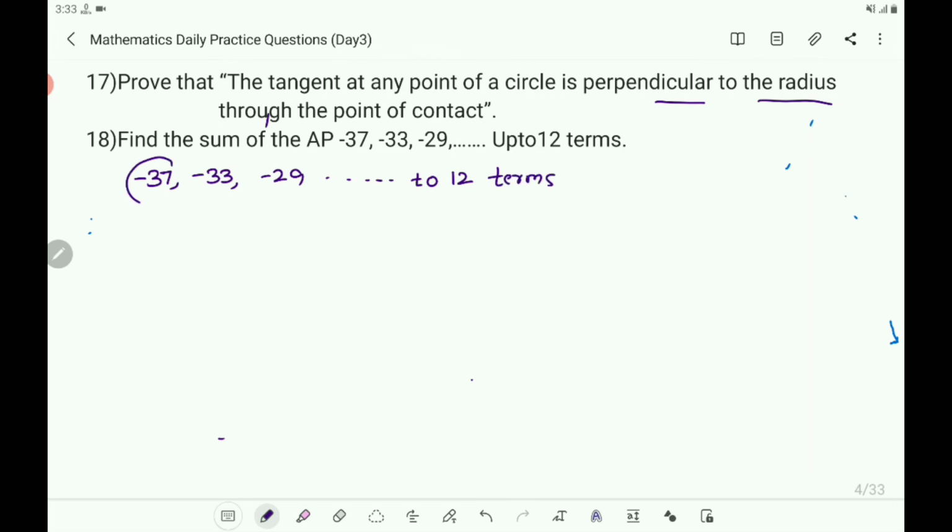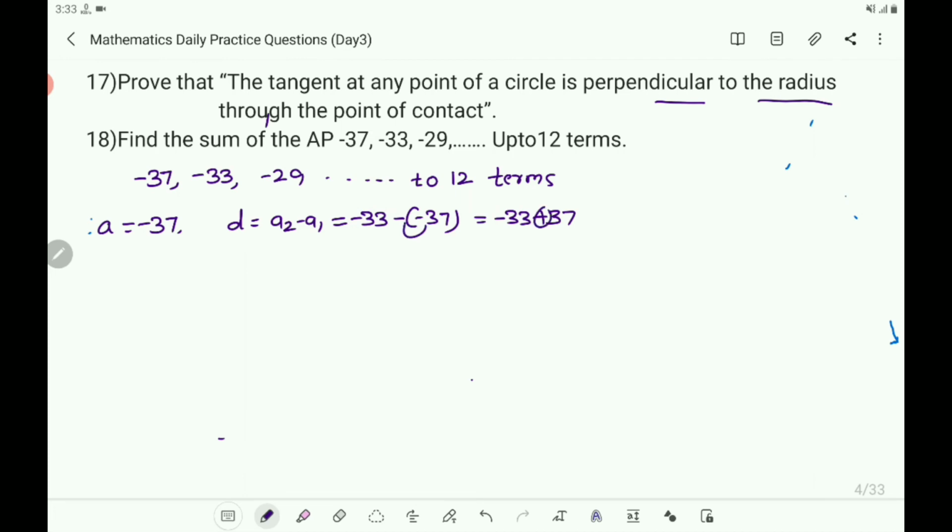Now as usual, write the first term and the common difference. The first term, the symbol is A, that is minus 37. And D equals A2 minus A1, second term minus first term. The second term is minus 33 minus of minus 37, that is minus 33 plus 37, since minus of minus is plus.